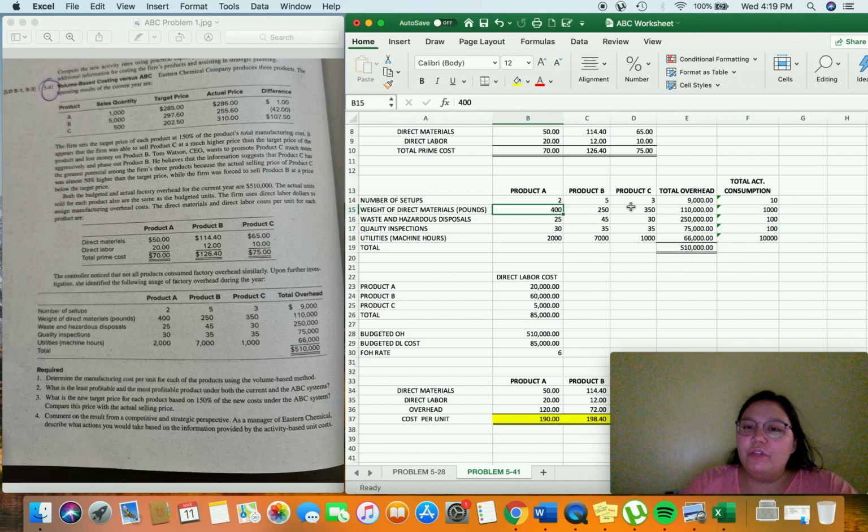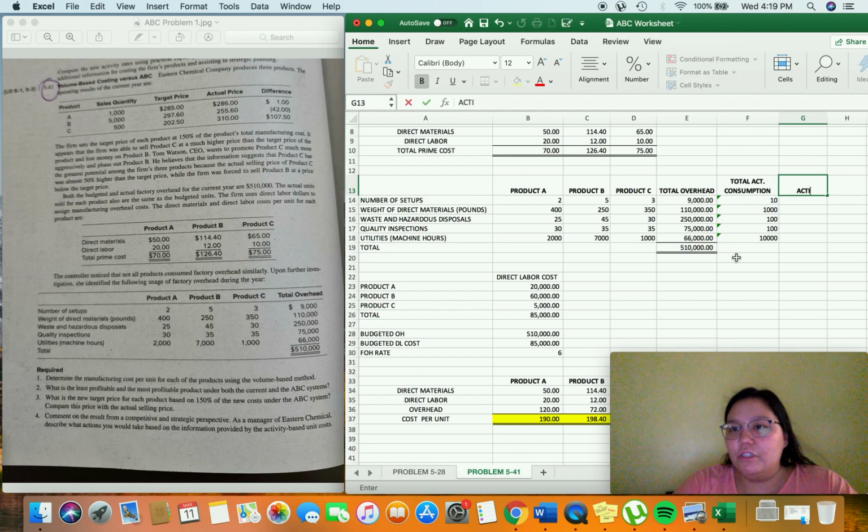So, for the weight of direct materials, we have 1,000. Waste and hazardous disposals, 100. Quality inspections is also 100. And for utilities, we have 10,000 machine hours. Since we are given the overhead or the cost of each activity, we can easily compute the activity rate, by dividing the total overhead by the total activity consumption.